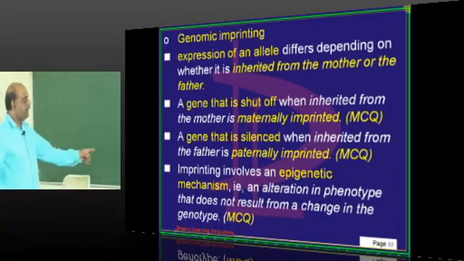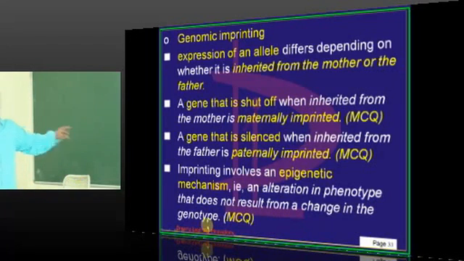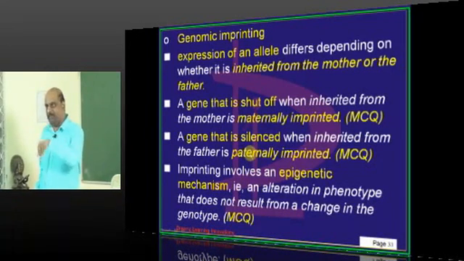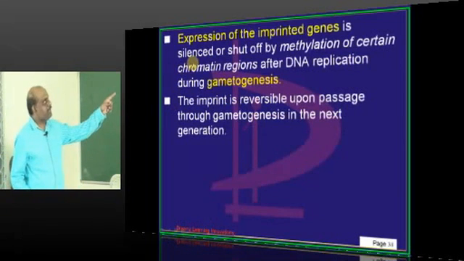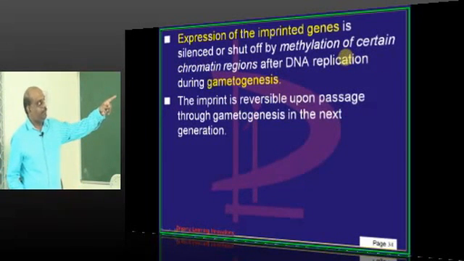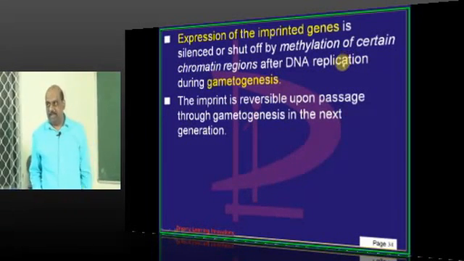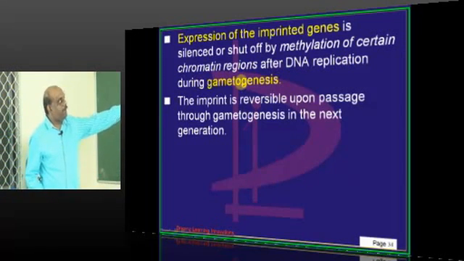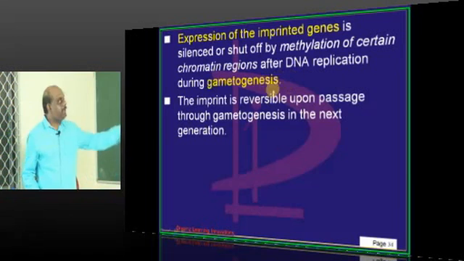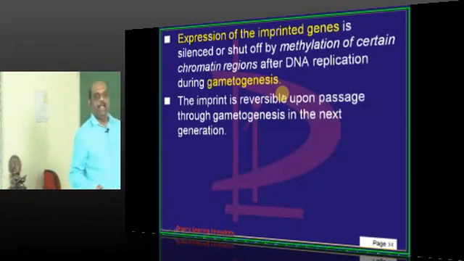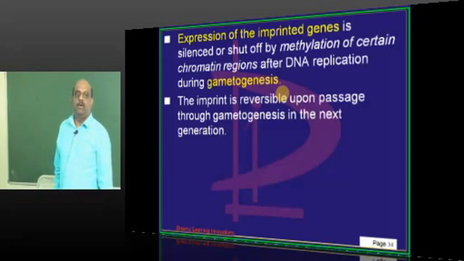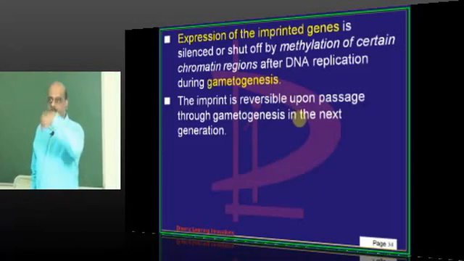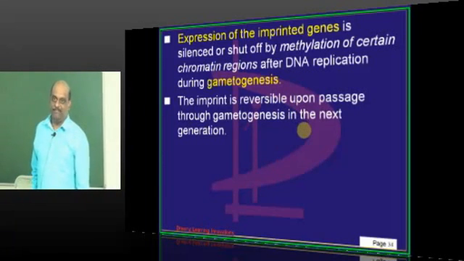That is, it is not because of any difference in the structure of that abnormal gene, whether it comes from father or mother, but it is the methylation reaction which will occur in some parts of the chromatin area at the time of gametogenesis, which will make it get silenced, and that methylation will occur only if it is coming from the mother or only if it is coming from the father.